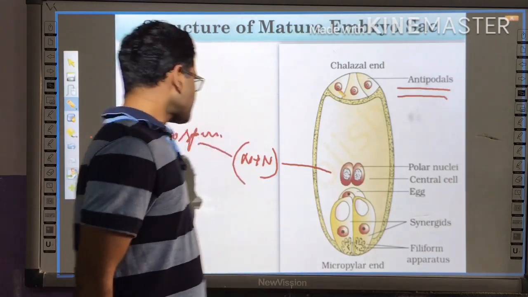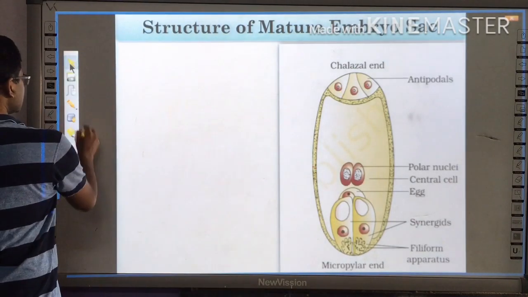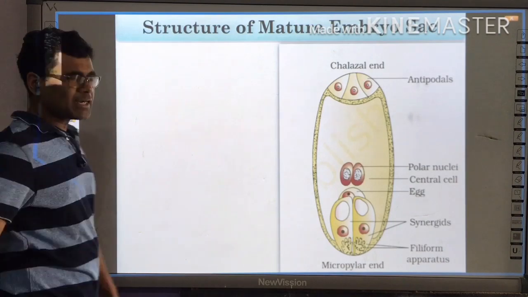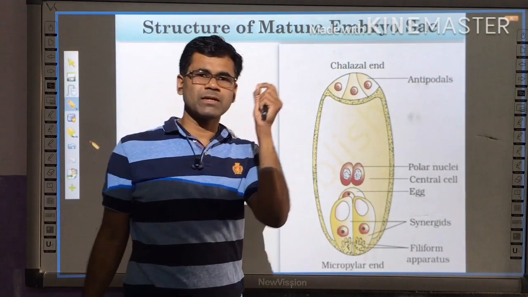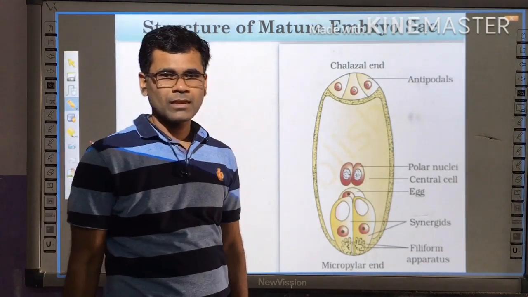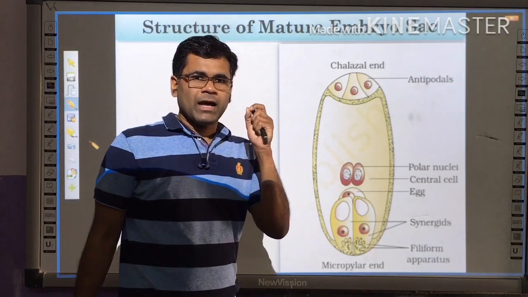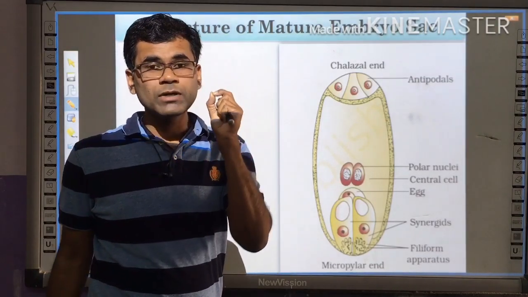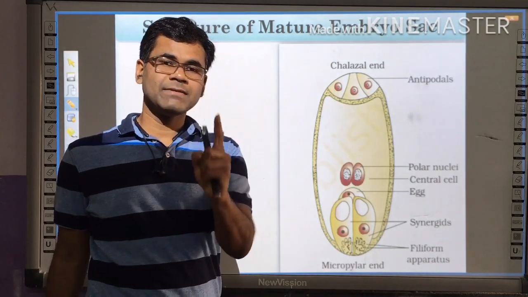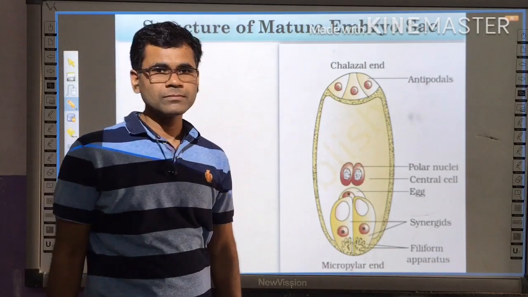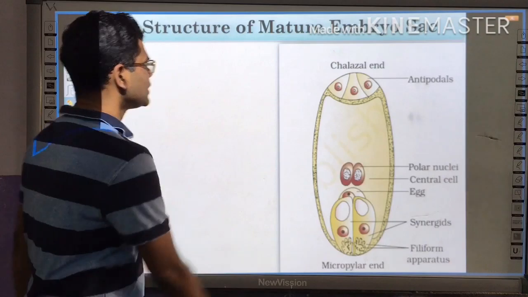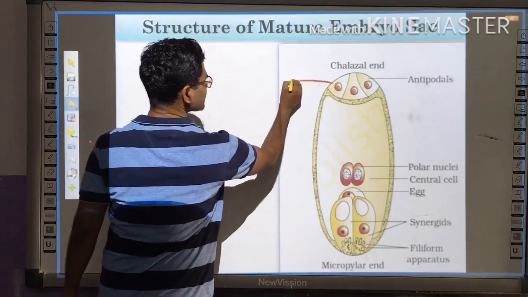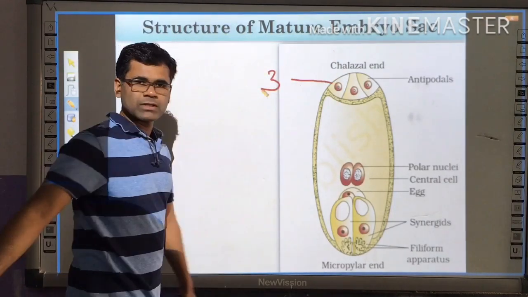Okay, now if we discuss a typical angiospermic embryo sac, it is an 8-nucleate and 7-cell structure. How? Let us discuss. How many antipodal cells are there? 3 antipodal cells.